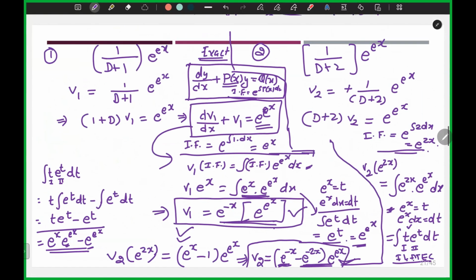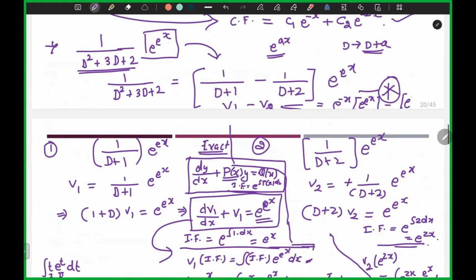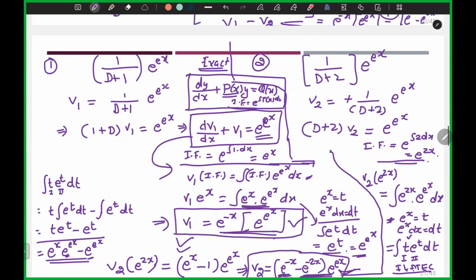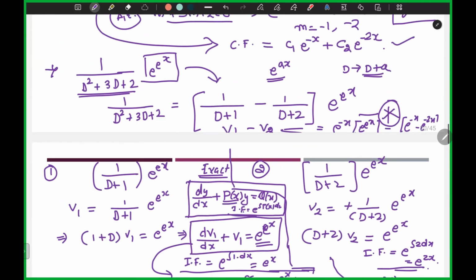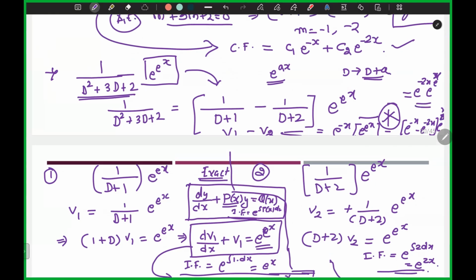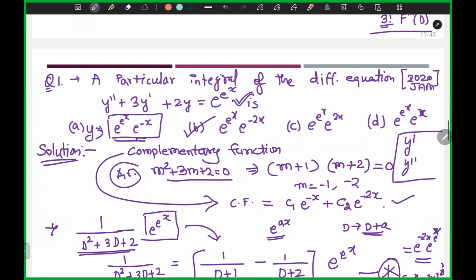Okay, I'll write minus e^(-x) minus e^(-2x) multiplied by e^(2x). So the first term is getting cleared and it becomes e^(-2x) e^(e^x). It is e^(e^x). So the correct option is B. Okay, you can do that method.